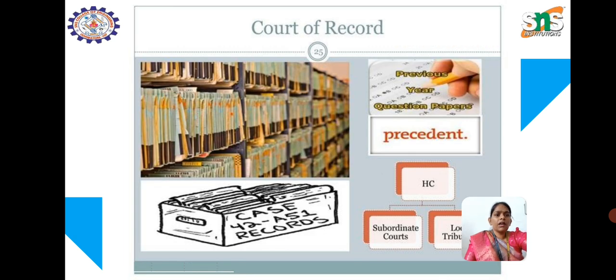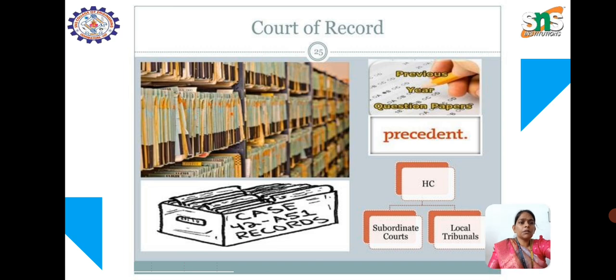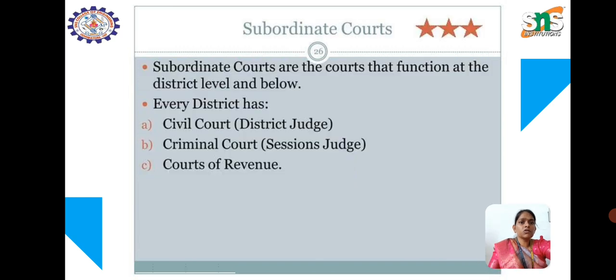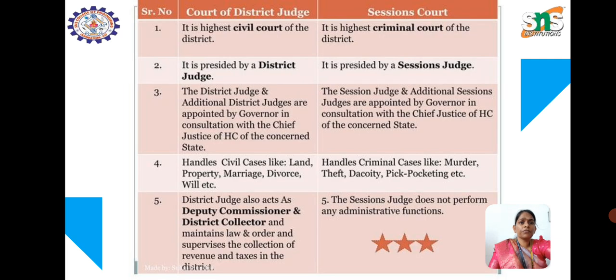Below the High Court are the subordinate courts and local tribunals. Subordinate courts are the courts that function at the district level. They handle the civil court, that is the district judge, the criminal court, that is the session judge, and the court of revenue.